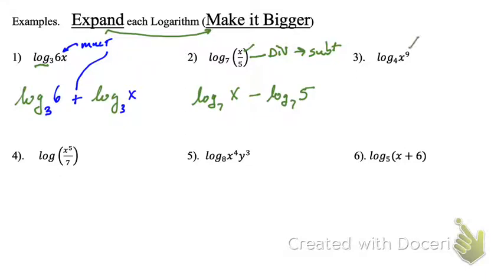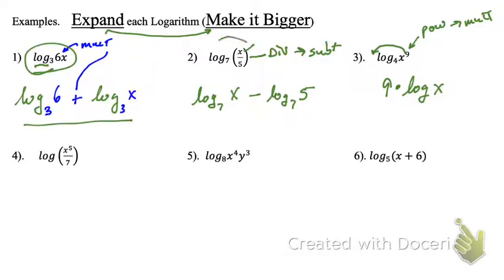And if we have a power here, what do we do? We multiply. We simply take that exponent out front and multiply it: 9 times the log of x. We have taken a small problem and made it bigger. Down here, you don't see it so much, but it is bigger.